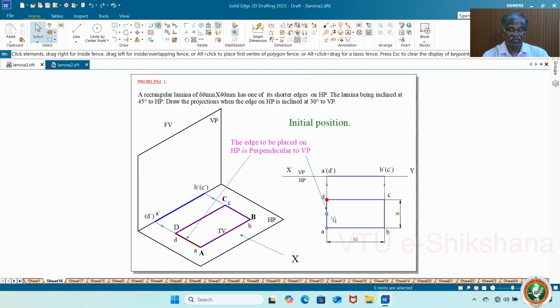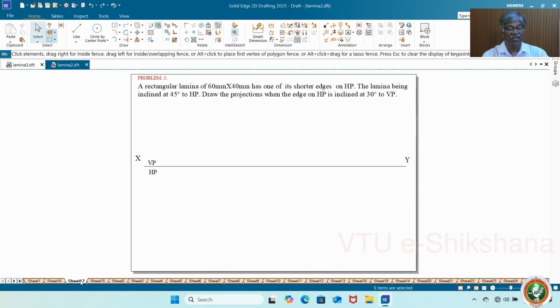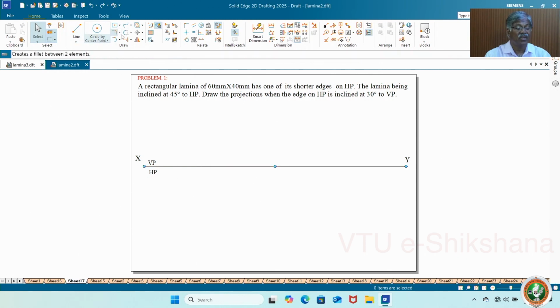Now you see this is the edge to be placed on HP, always perpendicular to VP, so that you can rotate the lamina about it and then get inclination only to HP. So this figure is dedicated only for initial position. Now let me start. Okay, how to start on computer. So now take this rectangle by 2 points. It's always better.